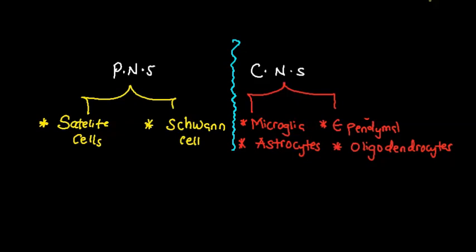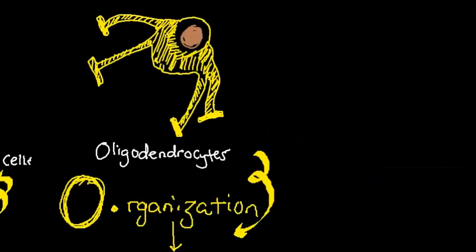So we have the satellite cells and the Schwann cells. They only work for the peripheral nervous system, and the rest, the 4 of them, which are the microglia, astrocyte, ependymal, and oligodendrocyte, all work for the central nervous system. You need to put that down.